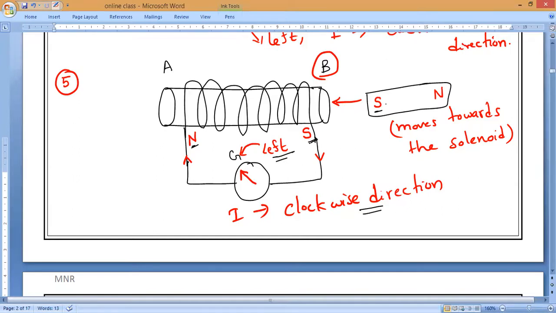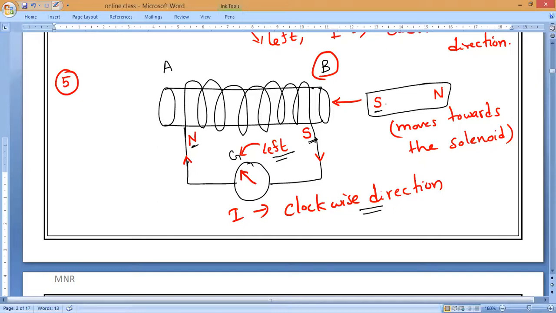So now if you notice here, these are the factors. Let us see what factors will increase the current. We can make some conclusions from this, which is very important for us. The induced current is produced in the coil only as long as there is a relative motion between the coil and the bar magnet.